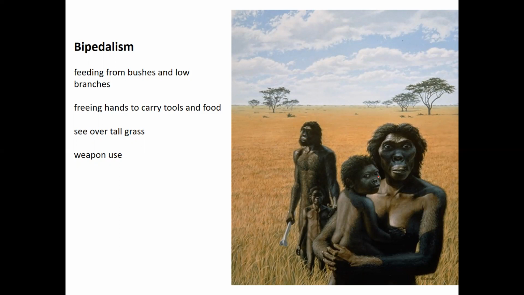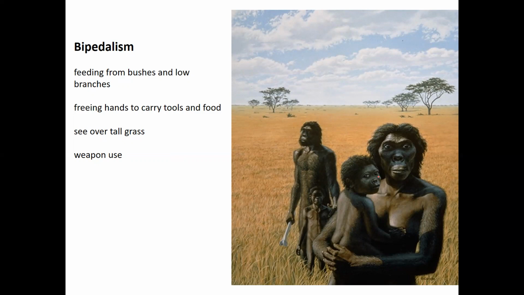If you're using tools, you need to carry those tools with your hands. In order to carry those tools with your hands, you need to walk upright. While you're going from one group of trees to another, you're walking through the grass. You need to be able to see over the grass in order to see predators or other tribes that you're in competition with, or see potential prey.